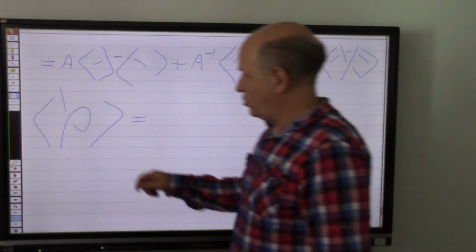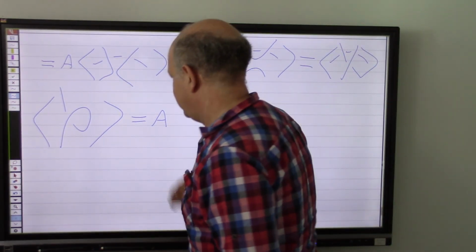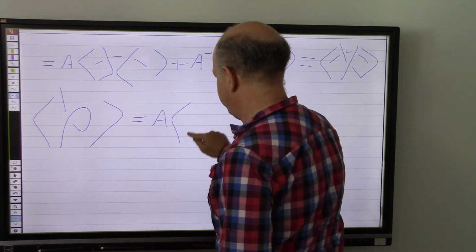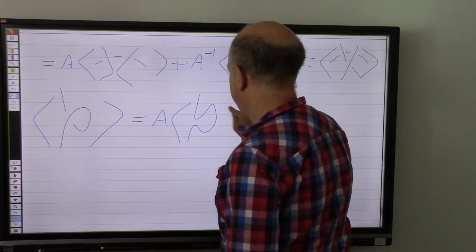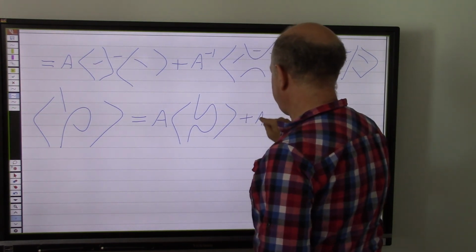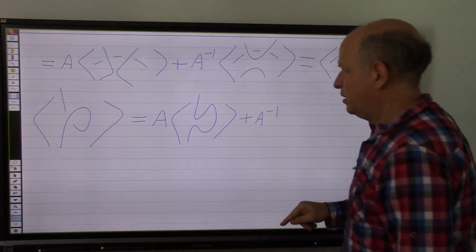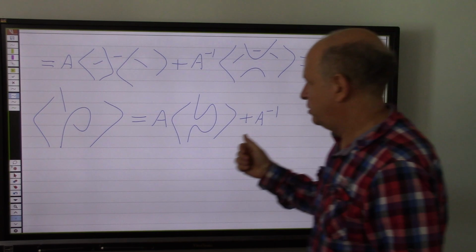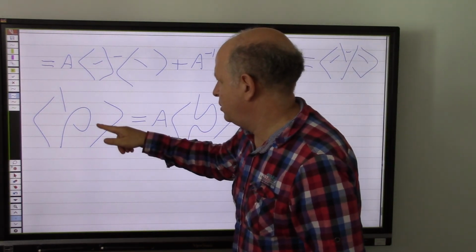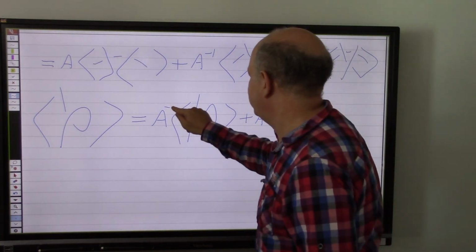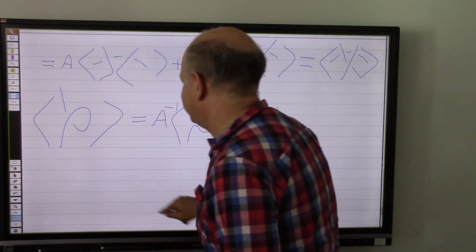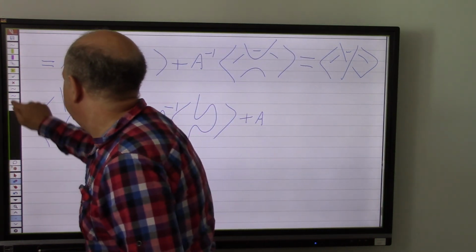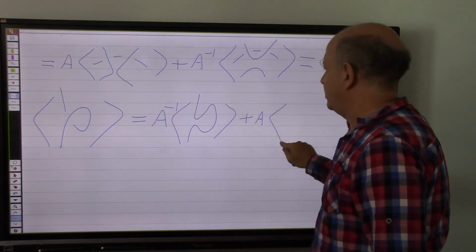Again, we get A times the zero smoothing, which is this, I believe, and the one smoothing is, wait, the zero smoothing is, no, that was the one smoothing, sorry, so it's A inverse times this plus A times the zero smoothing.